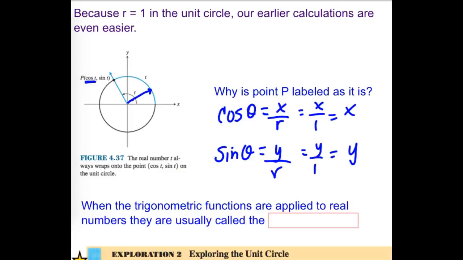Pi over 6 radians? Okay. That means the coordinates of that point, that's a 30-degree or pi over 6 radian measure from the x-axis, the x value is going to be the cosine of pi over 6, or the cosine of 30. Think about your 30, 60, 90 triangles. What's the cosine of 30? Cosine of 30.